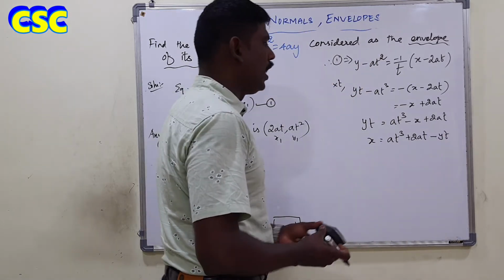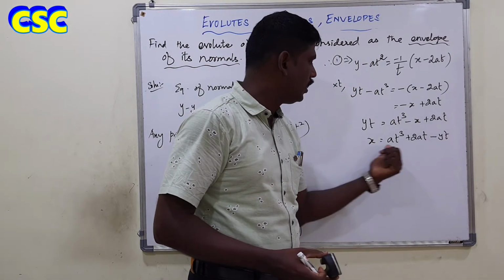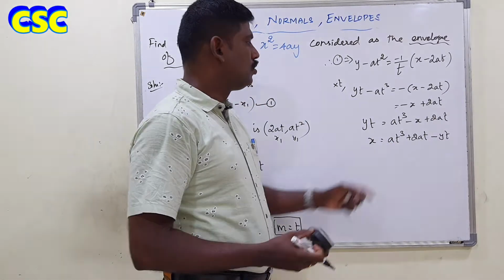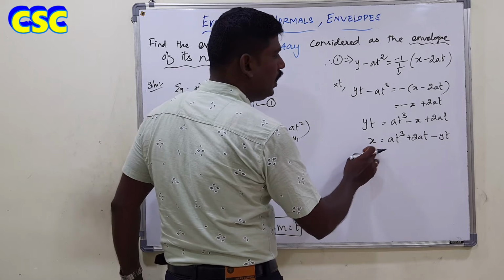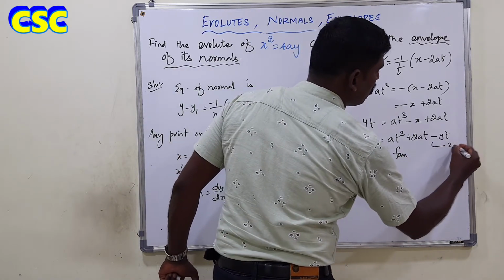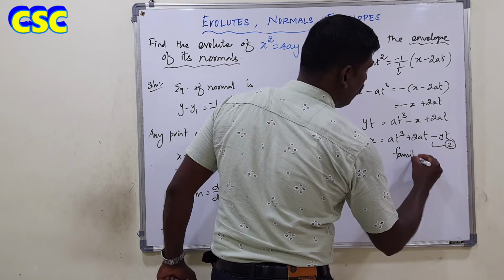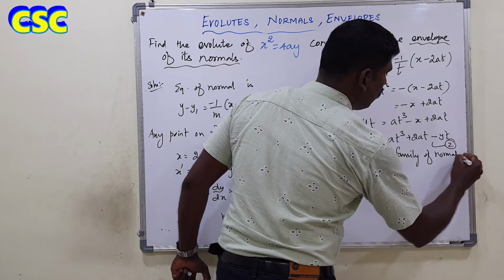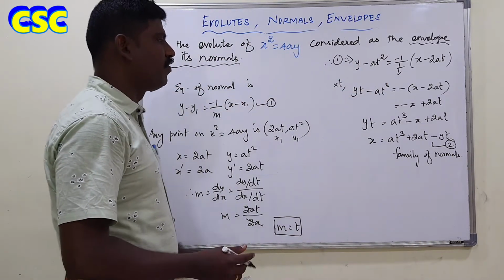Right? So I am taking all the t terms into the right hand side, x into the term independent of t into the left hand side. So this is nothing but the equation of the family of normals. I call it equation number 2. This is called the family of normals.